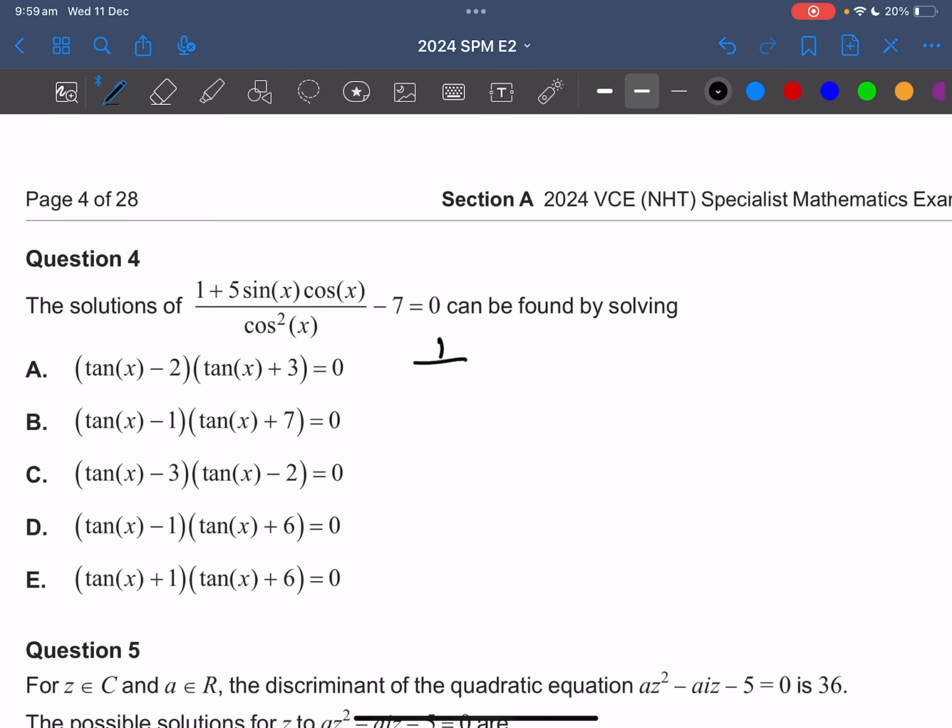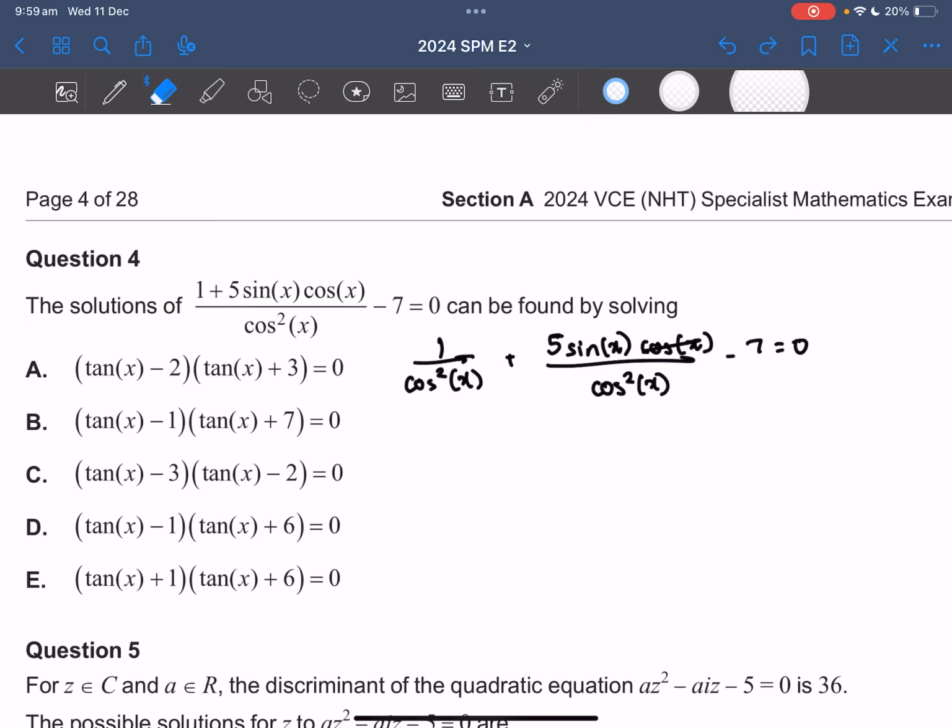So it will be 1 on cosine squared x plus 5 sine x cosine x on cosine squared x minus 7 equals 0. So this and this would cancel out, so this would not be squared anymore. This would just be cosine of x.